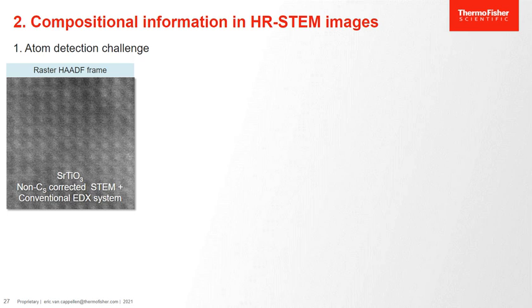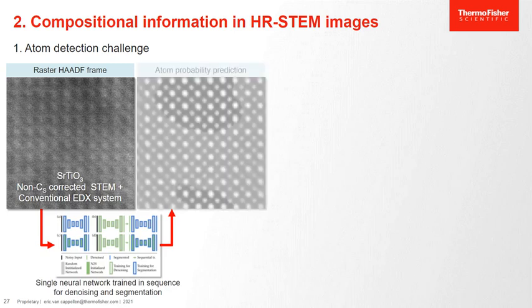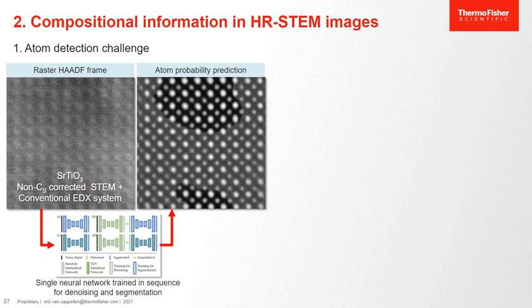It's not a great image, but each and every one of us can really tell where the atom positions are. Well, a well-trained neural network can do the exact same thing. So we launch a neural network, and this is the output, and we clearly see where the atom positions are.